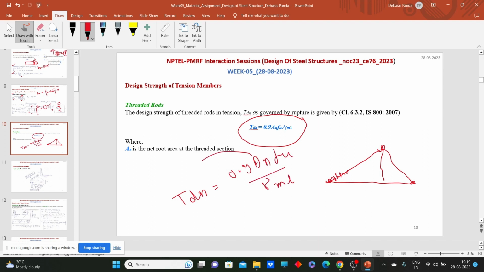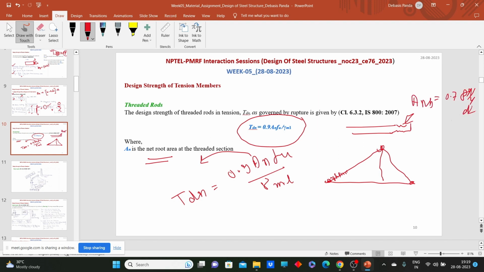Now ask me what should be the An value. That will be the root area or net area of the threaded rod. Like for the bolts, for the root section we have another cross section Anb equals 0.78 pi by 4 into d square. Likewise, if we have a threaded rod and we know the pitch, we can calculate the root area of the threaded rod.